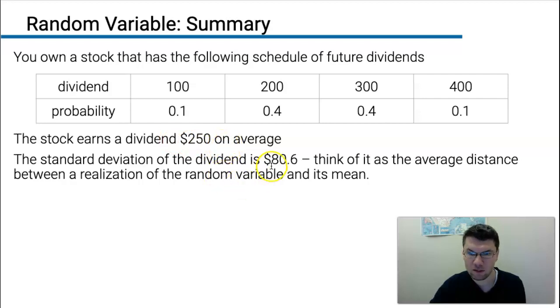The standard deviation of this random variable is 80.6, almost 81. So on average, the dividend that you will see in the future will differ from 250 by $81. Sometimes it will go 81 above, sometimes it will go 81 below, but the average value is just 81. This is the distance between a realization of the random variable and its mean.